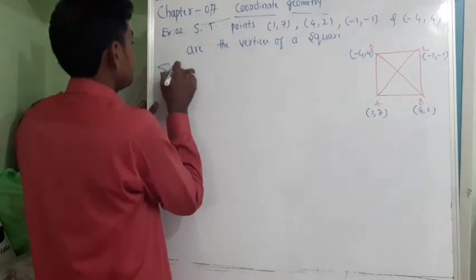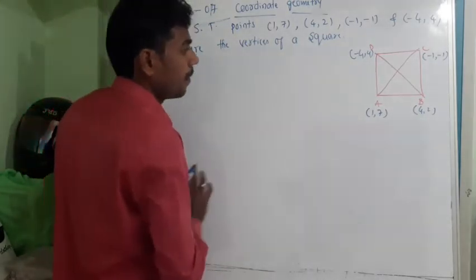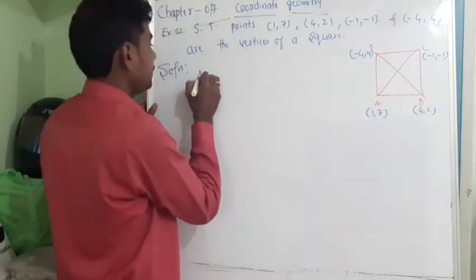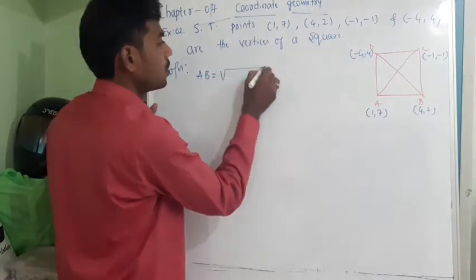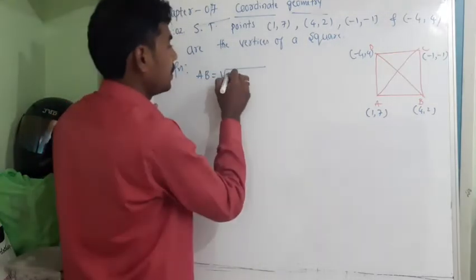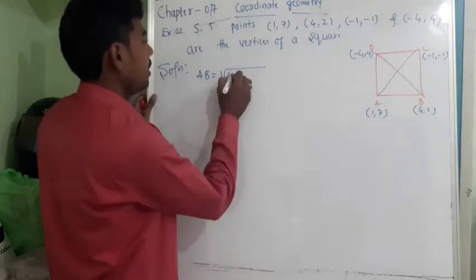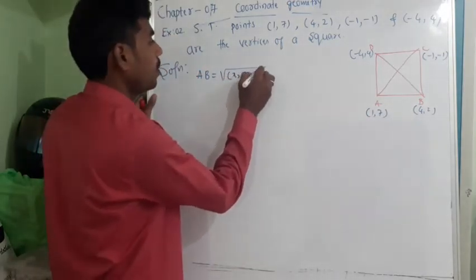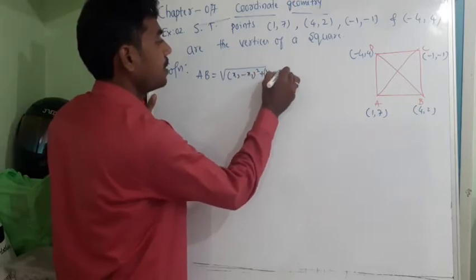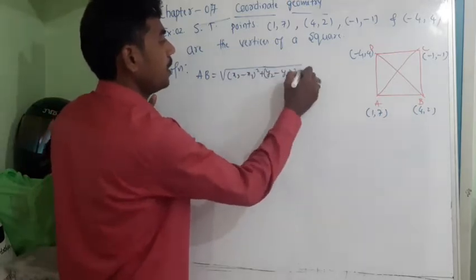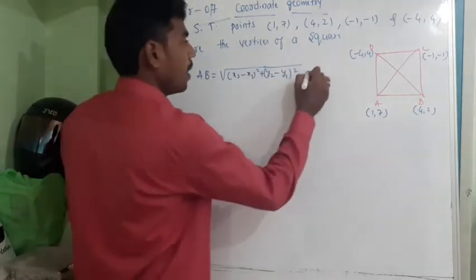Solution. First, AB is equal to the square root of, directly I'll apply the formula: (x2 minus x1) whole square plus (y2 minus y1) whole square.